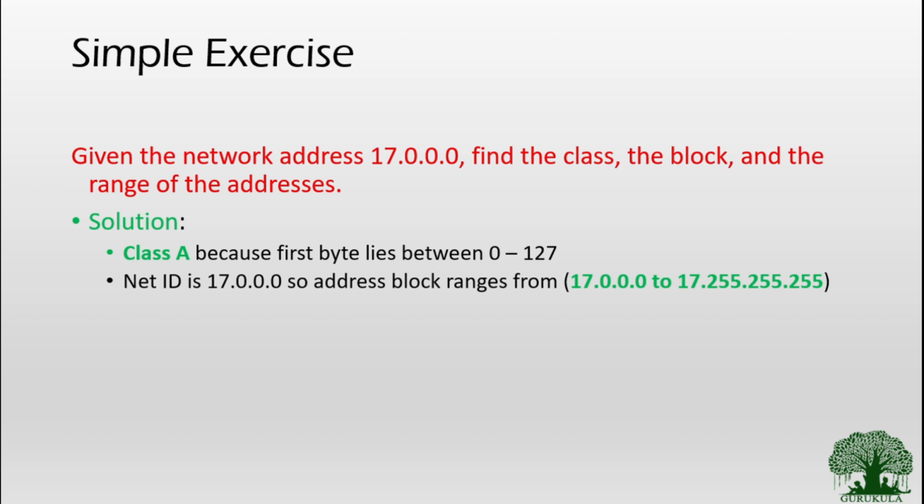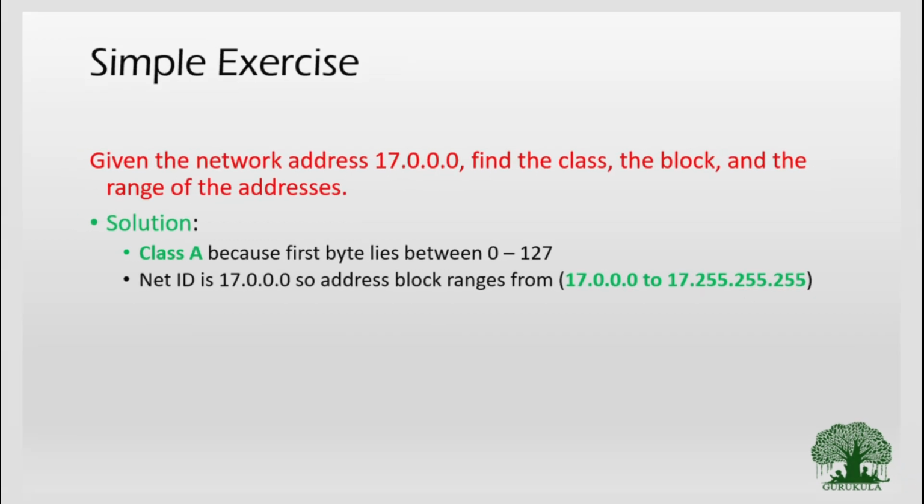And then talking about the network ID, as far as class A is concerned, only the first byte represents the network ID, and then the remaining part represents the host ID. So net ID is always 17, and if I put all zeros for host ID, I will get the block address. So the block will be running from all zeros to all ones, 17.all zeros to 17.all ones. So that will be the address block for the given network address.